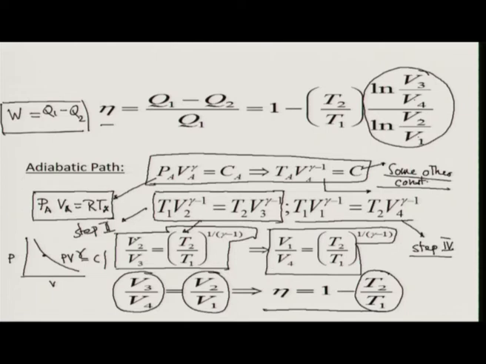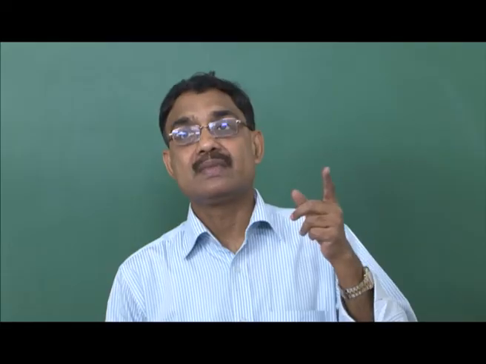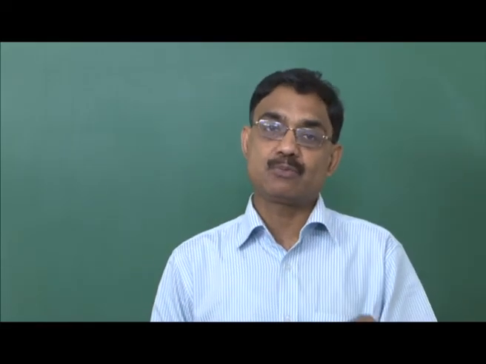I immediately get V2 by V3 and V1 by V4 in terms of temperature only, and that gives me V3 by V4 must be equal to V2 by V1. If I substitute this expression back to here, what is the efficiency? It is 1 minus T2 by T1. So, it does not depend on the process, the order in which I have executed my thermodynamic processes.